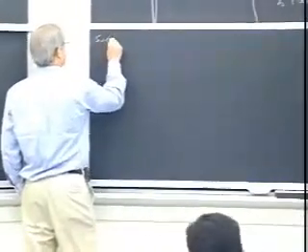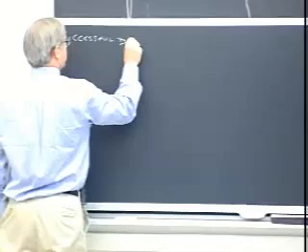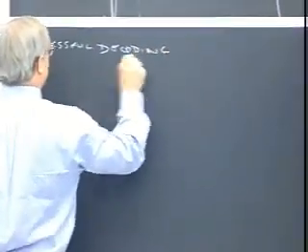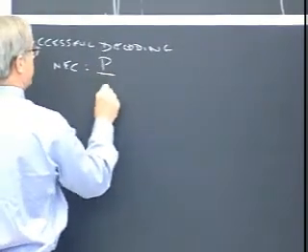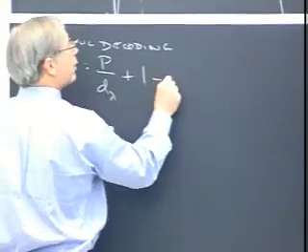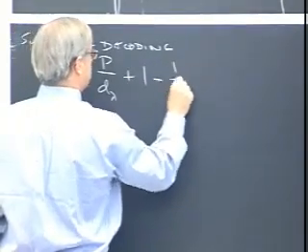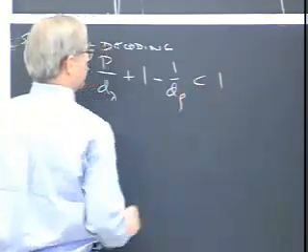So for successful decoding, a necessary condition is that p over d lambda, let me just extend this to any regular code, plus 1 minus 1 over d rho has to be less than 1.